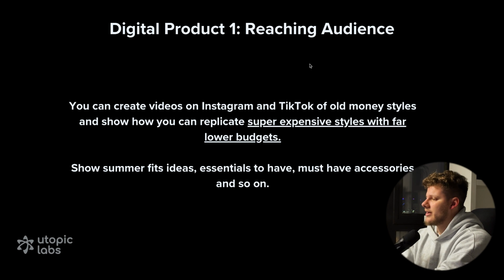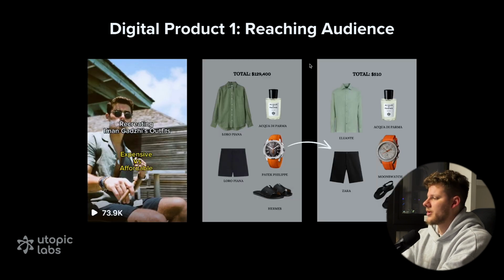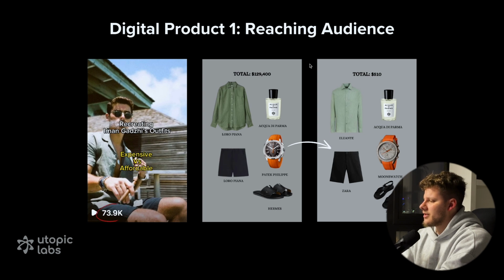So what I would do is show summer fit ideas, essentials to have, must-have accessories, and so on. And I will give you an exact example of what I mean by that. In this case, for example, you have recreating Iman Ghazi's outfits, so expensive versus affordable. And this is exactly what I was saying, right? You can see this video got almost 74,000 views.